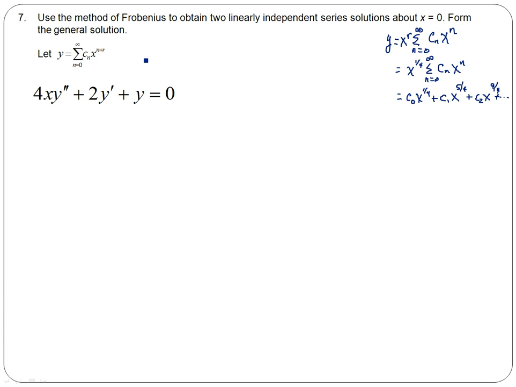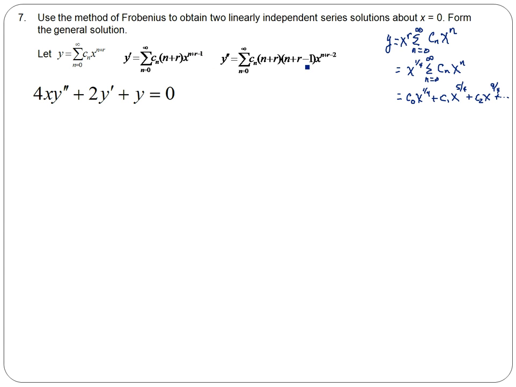So when we substitute in, first we want to find the expression that's equivalent to y prime and y double prime. You can find y prime by bringing down this exponent, n plus r, and then decreasing the exponent by 1, n plus r minus 1.